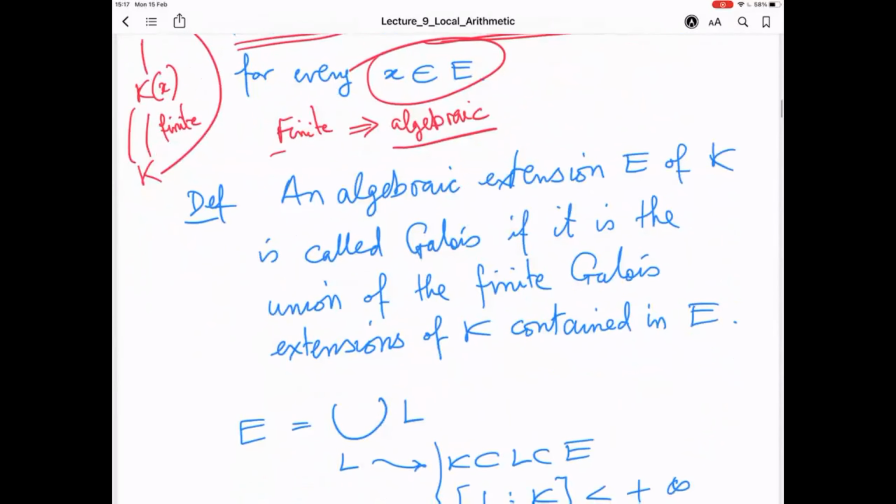So for finite extensions, I've defined the notion of being Galois. Let me do it for algebraic extensions. When is an algebraic extension E of my field K going to be called Galois?